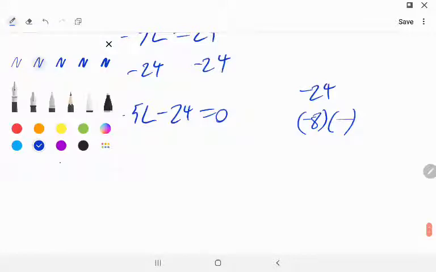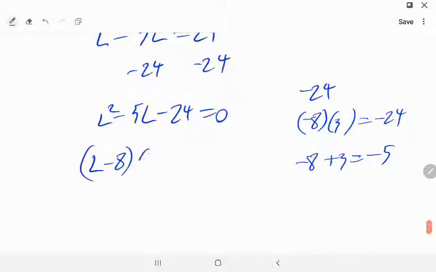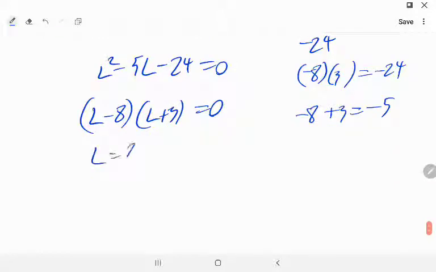We notice that negative 8 times positive 3 is negative 24, and negative 8 plus 3 is negative 5, and so we get the quantity L minus 8 times the quantity L plus 3 equals 0.